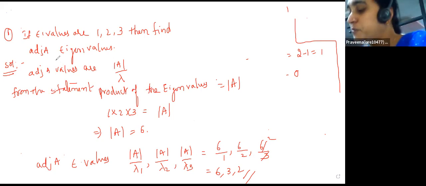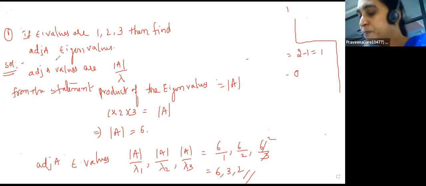Once you see the statements: if lambda is an eigenvalue of A, then the eigenvalue of B, which is a0 A squared plus a1 A plus a2 I, is a0 lambda squared plus a1 lambda plus a2. That type of statement is also important. If the eigenvalues are given, then find the eigenvalues of the polynomial B. For example, here for this question the lambda eigenvalues are 1, 2, 3.